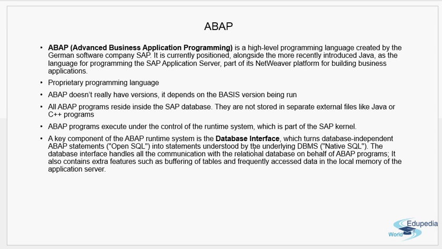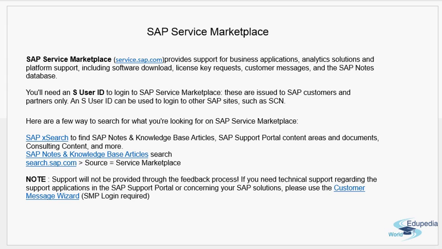Rather than fetching from the database now and then, you can put all the frequently accessed code and data in these buffers. So the database interface also takes care of buffering. I'm just giving a basic overview of what SAP Basis and NetWeaver is. Later, we'll go into details of all these technical terms.